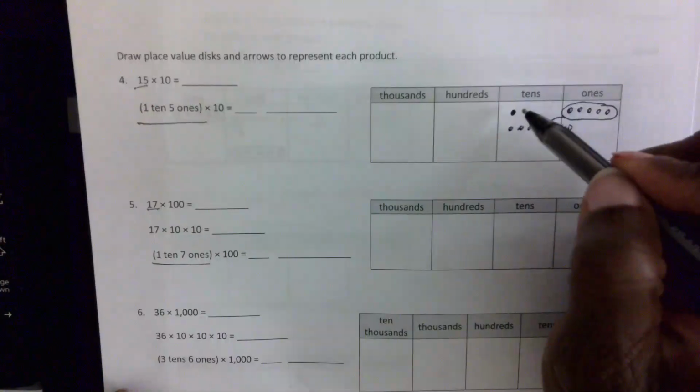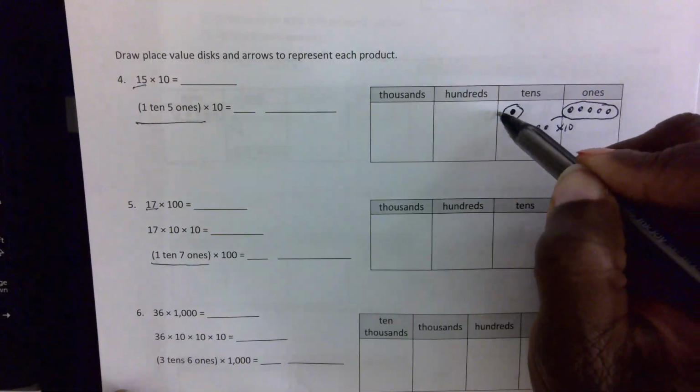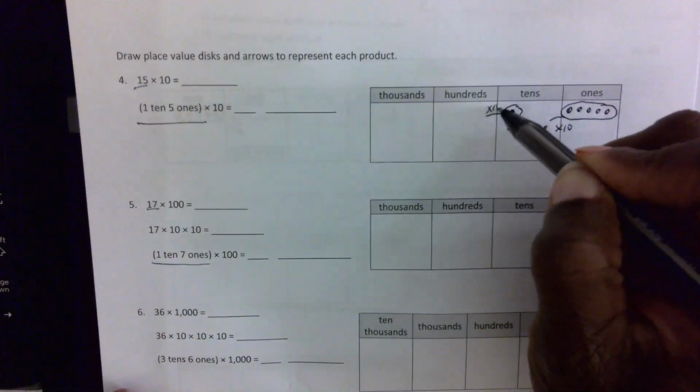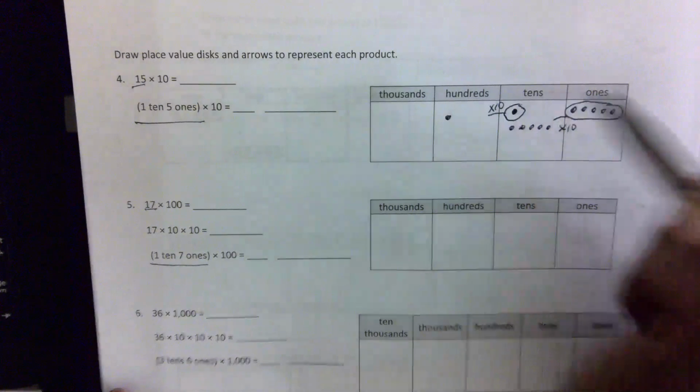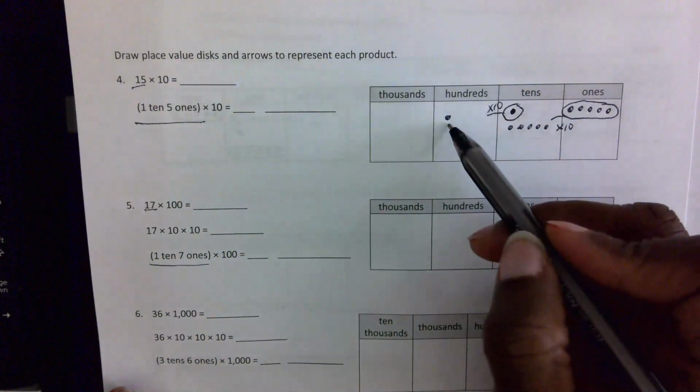And then this one right here started off here, and we're going to multiply that times 10, and we're going to put it over here. So it started out as 1 ten, and now it's 1 hundred.